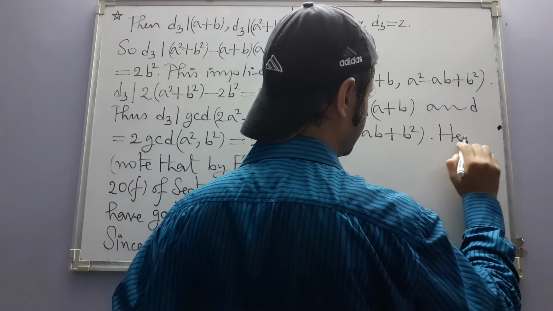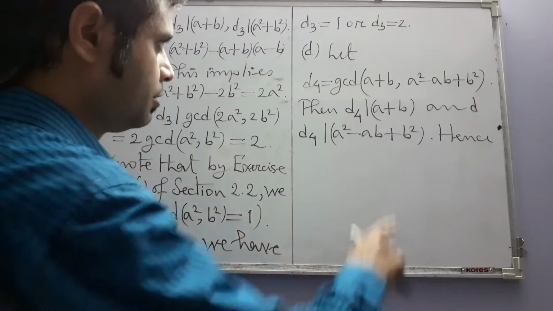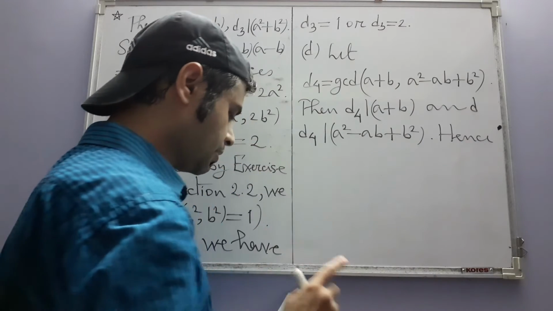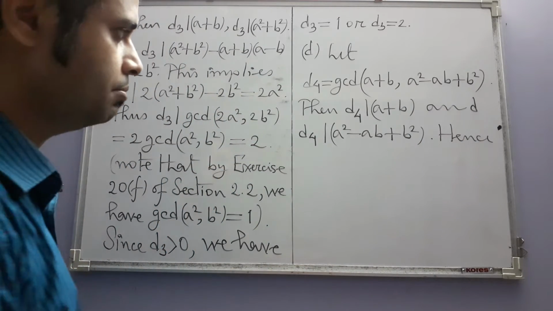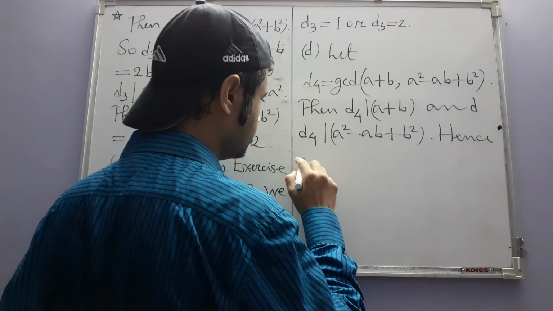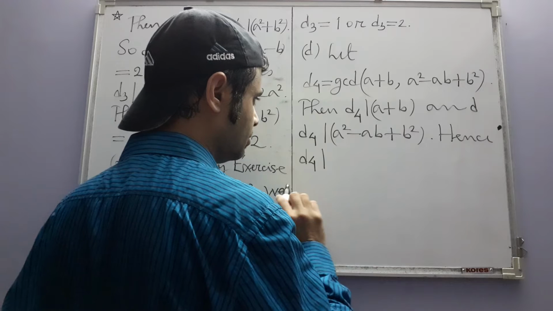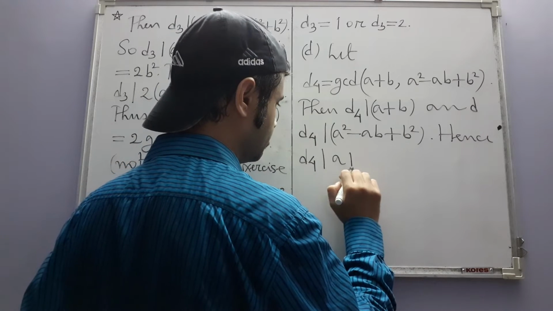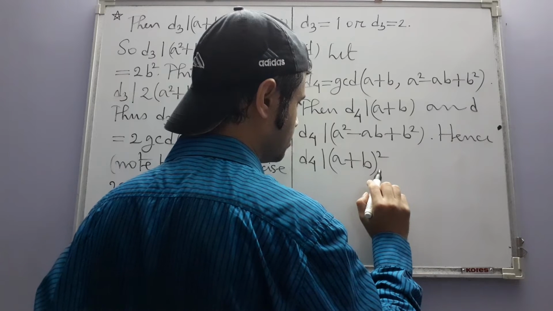Here also we have a hint in which an identity is given. Namely, this expression equals a plus b whole squared minus 3ab. So we are going to use that. So D4 is going to divide this.